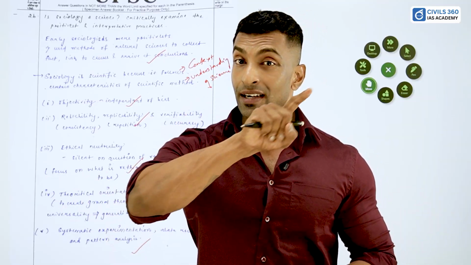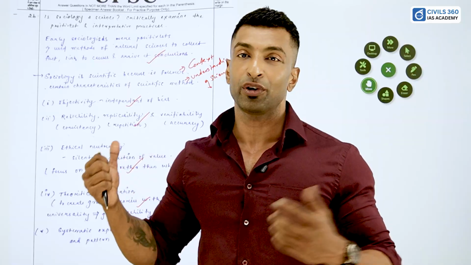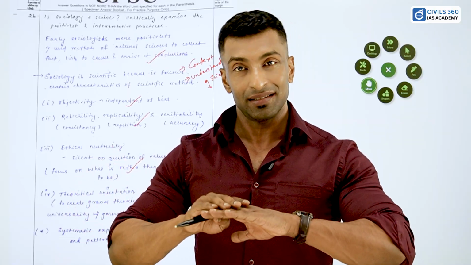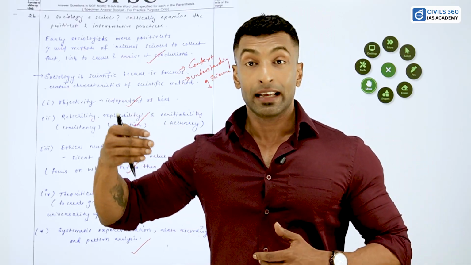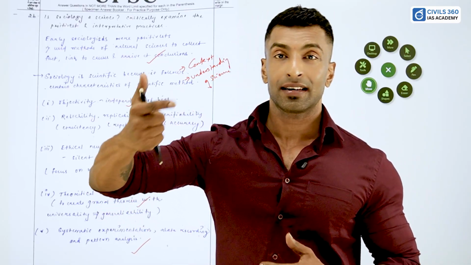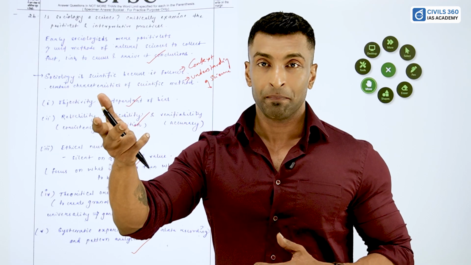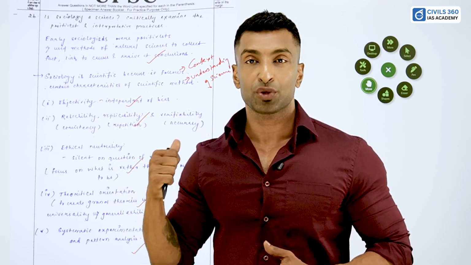So if the first understanding of science is more valid, then we don't have any scope to argue. Sociology is not purely empirical, not purely inductive, right? But if based on the second understanding of science, it's a method of inquiry, not a body of knowledge, then we have scope to argue.